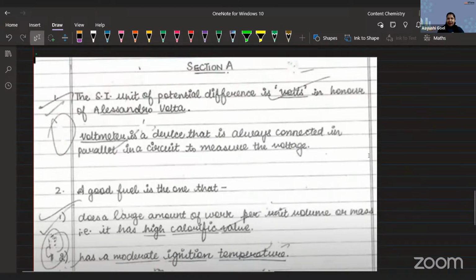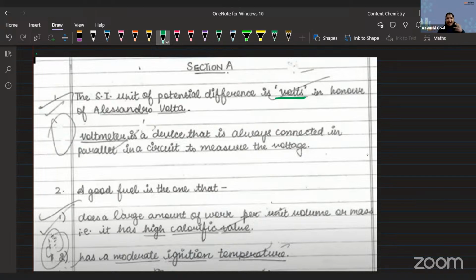So when we are writing the answers, when we are dealing with the questions, see, when he's writing the answers, what he was doing, he was underlining the important words. So SI unit of potential difference is volt. So he put the colons and the dash line. So it's very specific, and everybody can see from here what they wanted to specify in the answer.